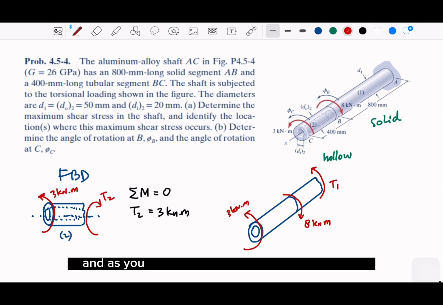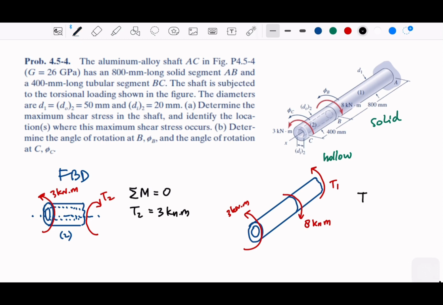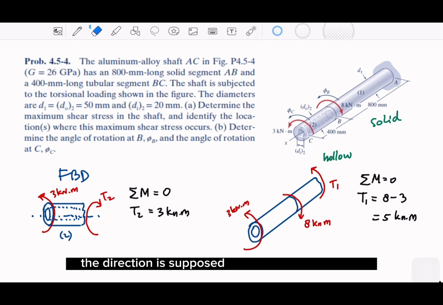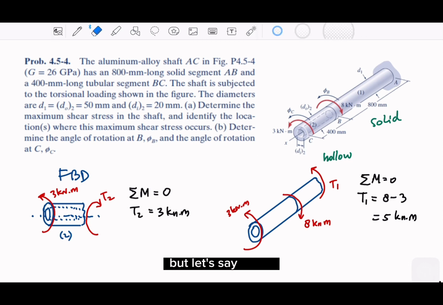So this is T1, and as you can see, the T1 is equal to 8 minus 3, right? Well, we could also take the T1 counter, and it will be the negative, which means that the direction is supposed to be the opposite, right? But let's say this is the possible one, the most logical one.